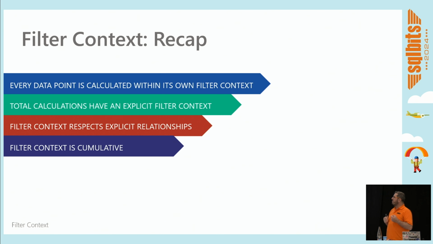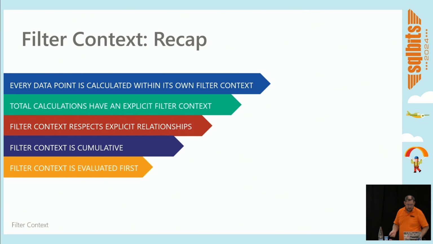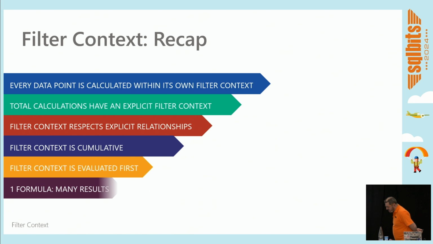So it's not an or thing, it's an and. It goes down to the smallest set of data to make up a specific point. Okay? The filter context is evaluated first, as I said just now, and this is how one formula can bring back many results. Okay? So that's really the lowdown, the skinny on filter context.